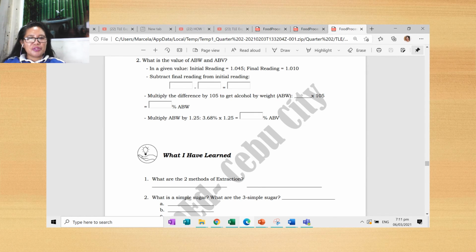So you're going to answer this one, what I have learned. What are the 2 methods of extraction? There are 2, as I mentioned earlier. Number 2, what is a simple sugar and what are the 3 simple sugars?